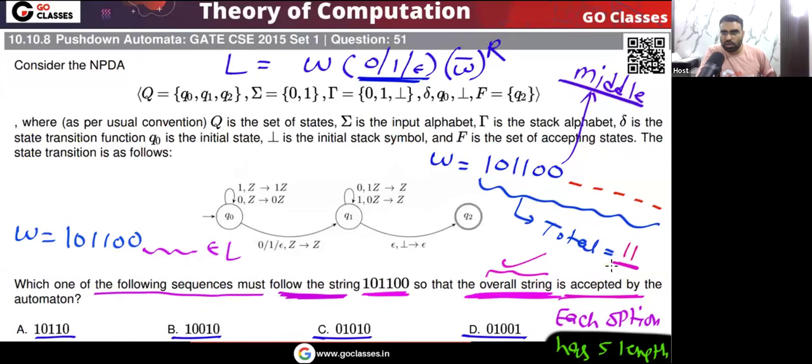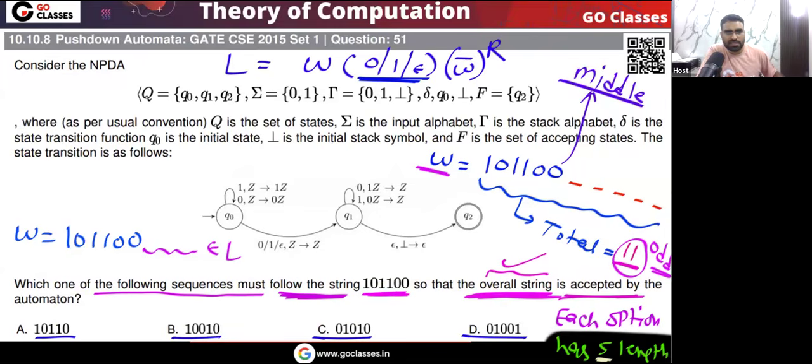Now the total will become 11 length, because each option has 5 length. So your total string will become 11 length. 11 means odd. So the middle symbol must be this 0.